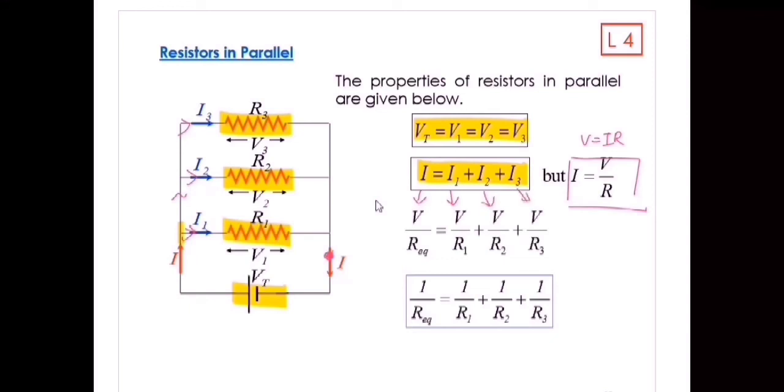And since the voltages are equal, they can be cancelled off, and we would be left with the final equation where 1 over R equivalent equals 1 over R1 plus 1 over R2 plus 1 over R3. For example, if it's 5 ohms, 5 ohms, and 5 ohms, to calculate the effective resistance, it would be 1 over 5 plus 1 over 5 plus 1 over 5. So this is how you calculate the resistance if it's in parallel.